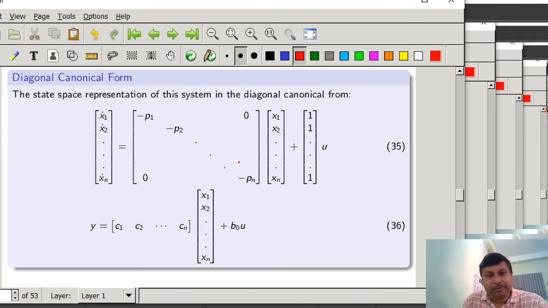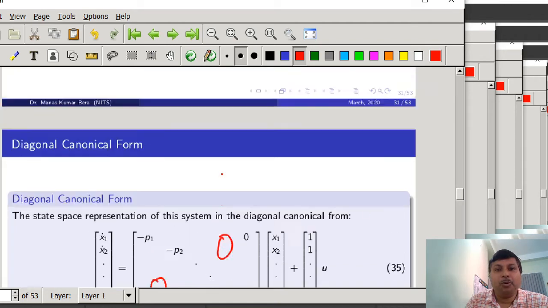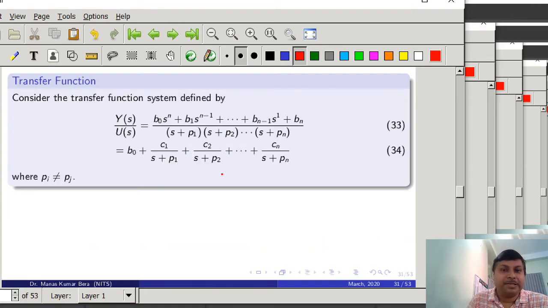Only the diagonal elements are present, which is why this form is known as diagonal canonical form, and all the other entries are 0. The diagonal elements are the poles of the system, or poles of the characteristic equation.